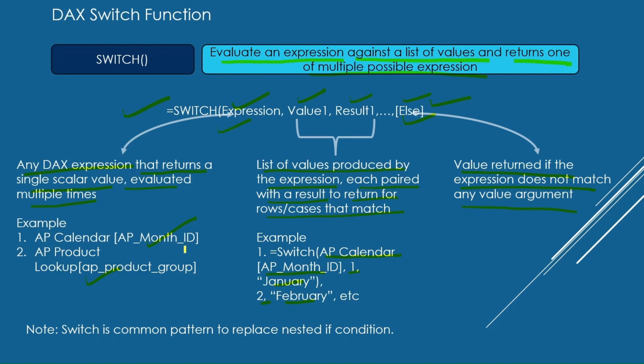The switch statement is a common pattern to replace a nested if condition. Suppose we are going to write a DAX query, and that DAX query has 10 if conditions. Ten if conditions will become very cumbersome to write.